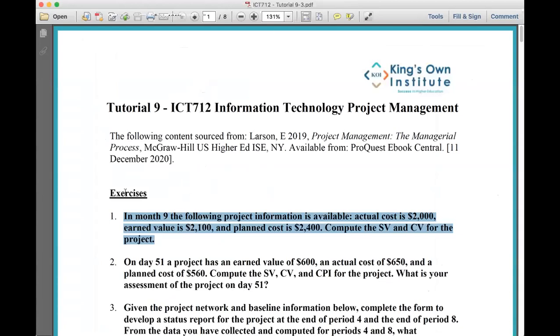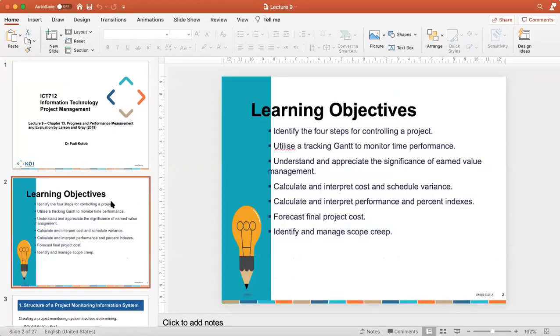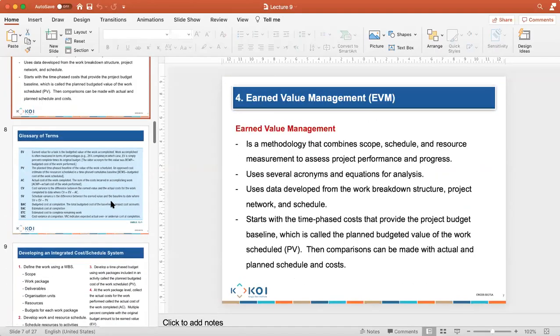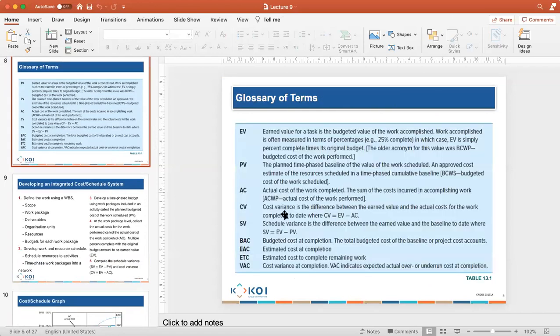After you download the paper, I would like you to start going through the answers. You might need to refer back to the lecture that I covered today. If you open your lecture, you'll see we covered this concept of earned value, and there are so many concepts we spoke about: earned value, planned value.